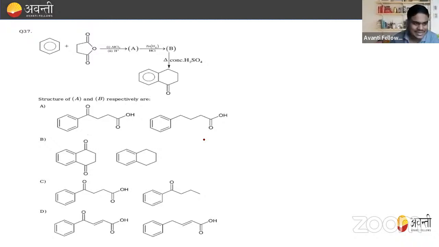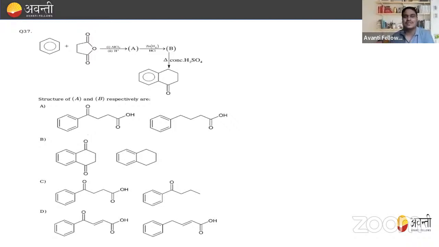So you have to identify the product formed in this question when benzene is treated with this in presence of AlCl3 and H plus. So A is formed. Now when this A is treated with zinc amalgam and HCl, we know that this reagent is used in Clemmensen reduction, right?